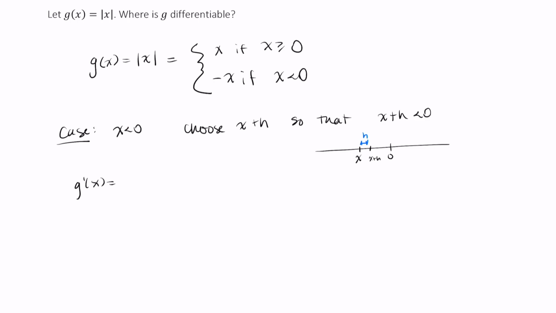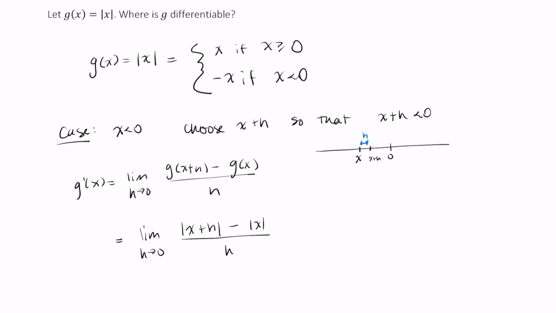g prime of x is equal to the limit as h approaches 0 of g of x plus h minus g of x over h. This is the limit as h approaches 0 of the absolute value of x plus h minus the absolute value of x over h. All right, so this is the limit as h approaches 0 of x plus h. And of course, since this is less than 0, based on our choice for h here, this is also less than 0. So that needs to be negative.